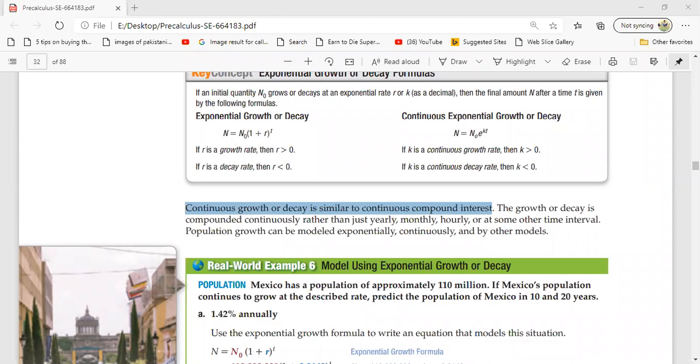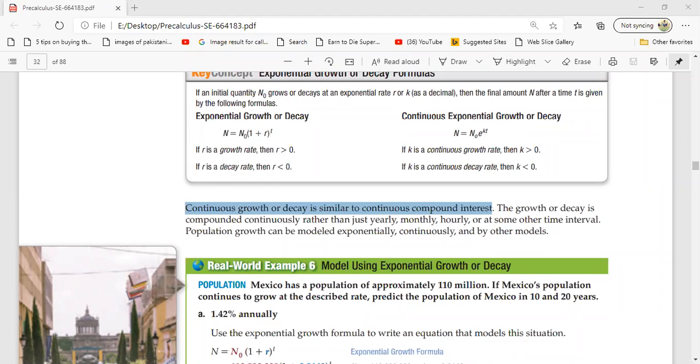The formula for exponential growth is N = N0(1 + r)^t, where r is the exponential rate, t is the time, and N is the amount that will result after time t. If r is greater than 0, it is growth; if less than 0, it is decay.